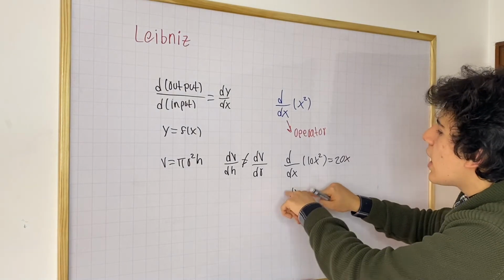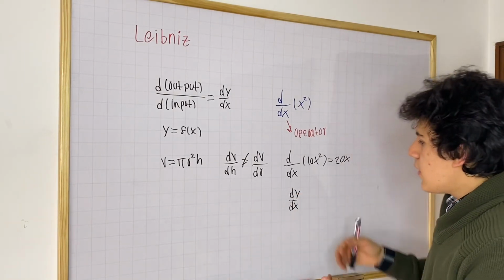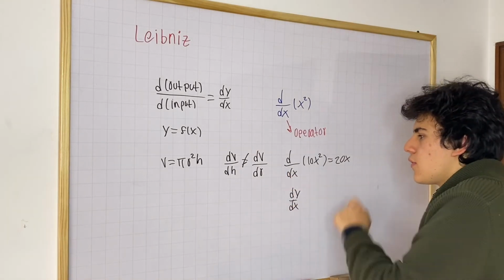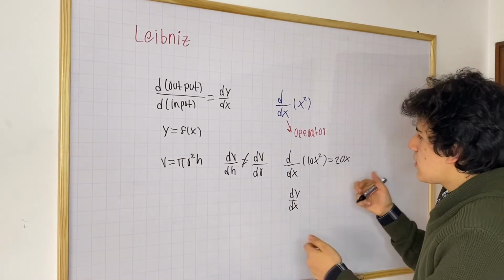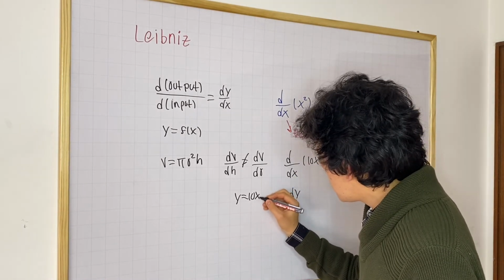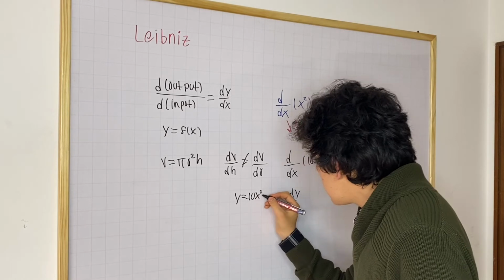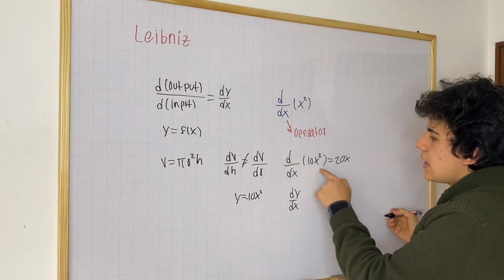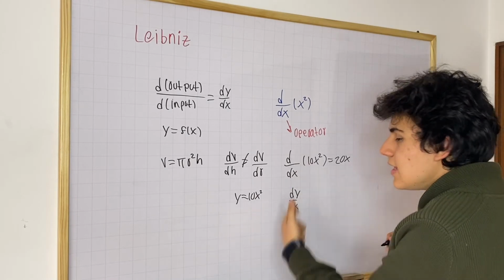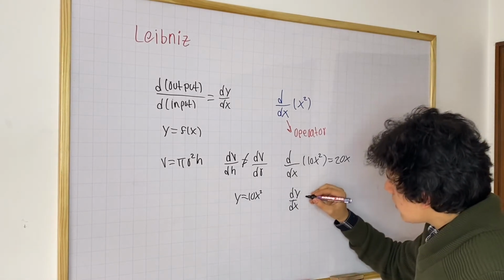This is saying find the derivative of the function y. So if we say, for example, that y is equal to 10x squared, then d over dx of 10x squared is going to be the derivative of this function, and dy over dx is going to be 20x.